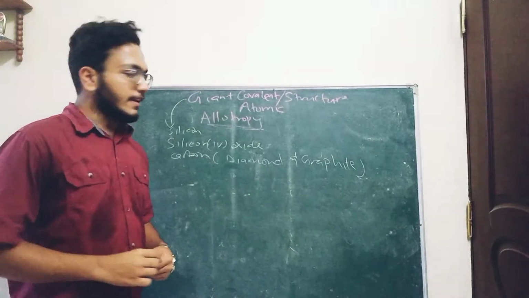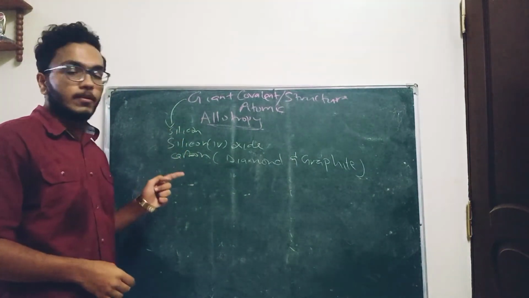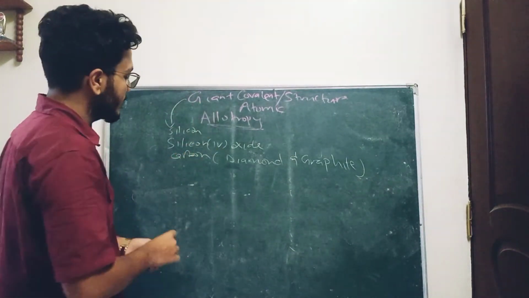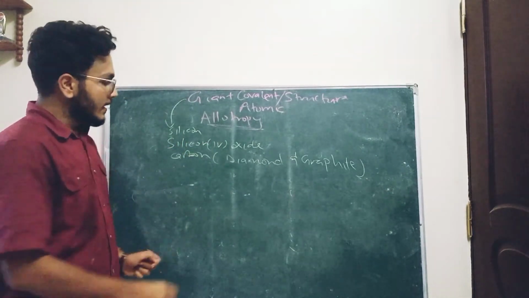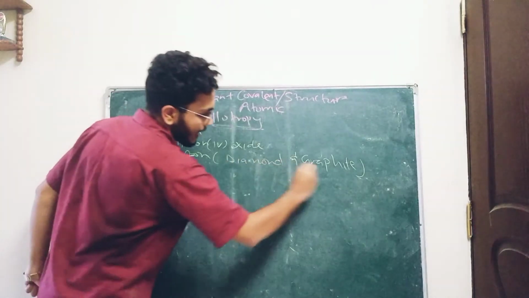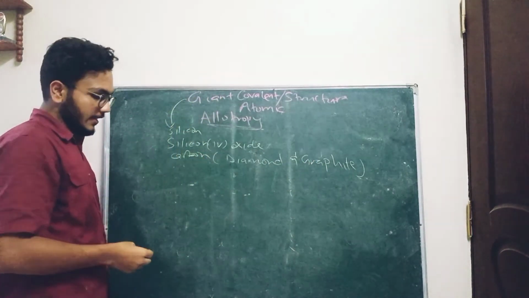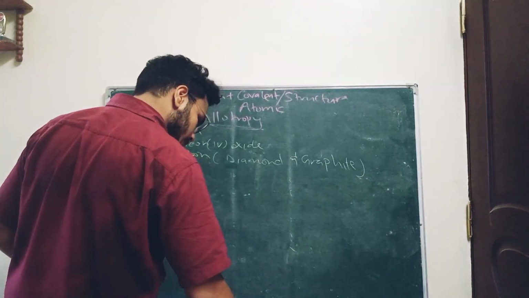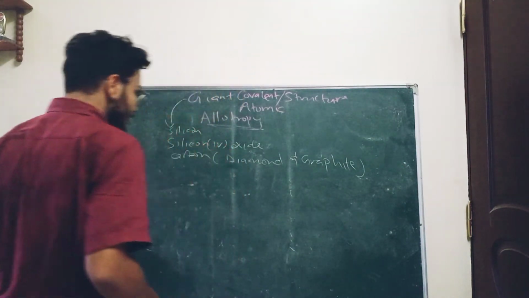Before we look at allotropy, we have these elements and compounds that have giant covalent structures, which are silicon(IV) oxide and carbon. Allotropy will come under diamond and graphite under carbon. So we can look at the properties of giant covalent structures. 1. They have high melting and boiling points.